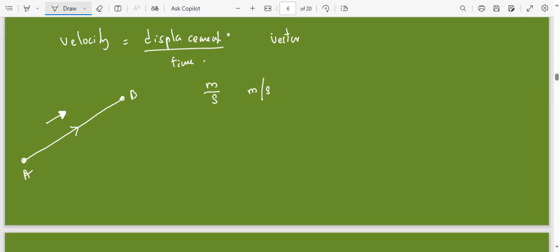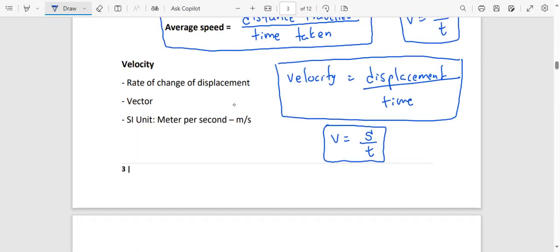To add this part into a note, we can mention it like this. Velocity is the rate of change of displacement. Another way of saying this is displacement per 1 second. Rate means when you divide something by time.